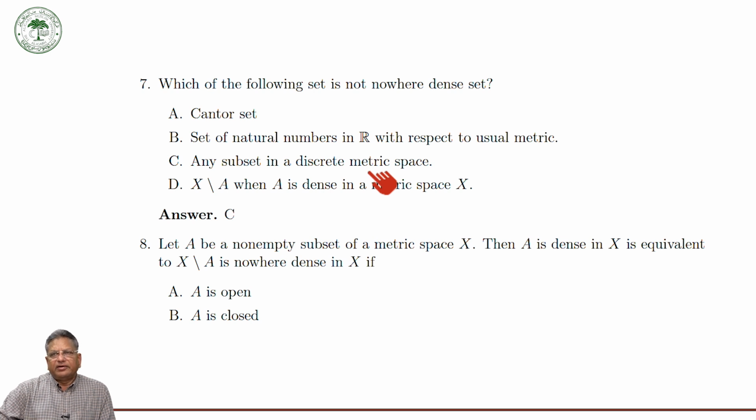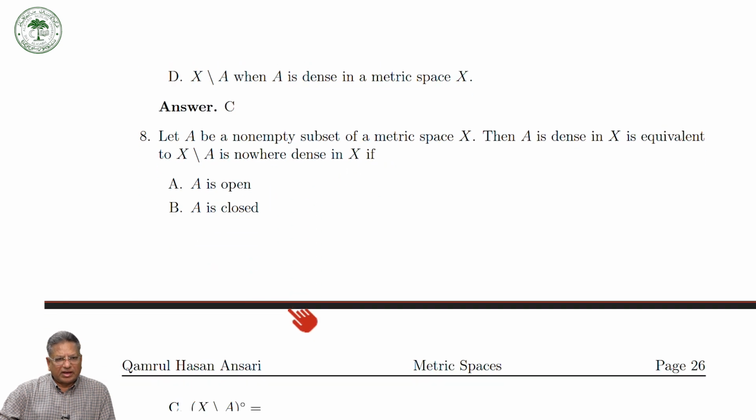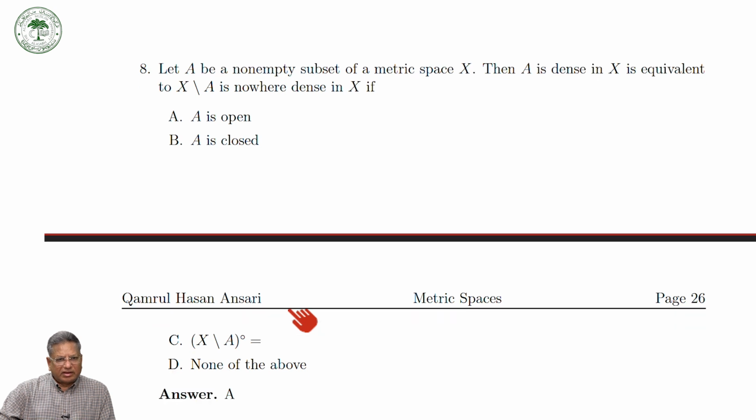And then the next: let A be a non-empty subset of a metric space X. A is dense in X is equivalent to saying that the complement of A is a nowhere dense set if A is open, A is closed, the complement of the interior of the complement of A is closed or open, and none of the above.